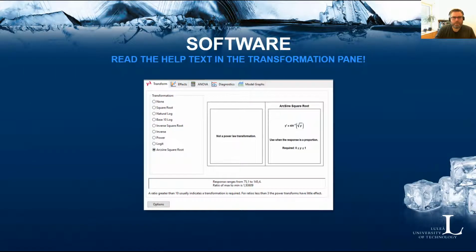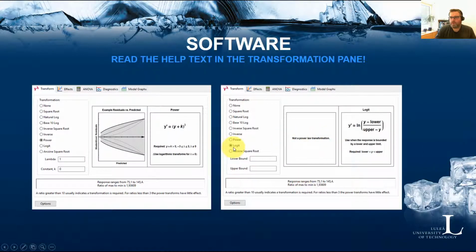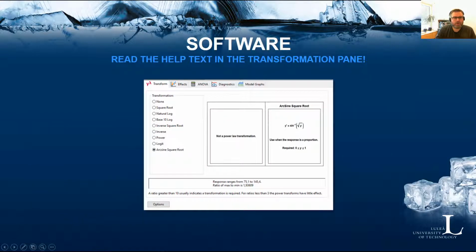You have the Logit, which is useful when the response is bounded by a lower and upper limit. And you also have the arcsine square root, which is often useful when the response is a proportion or a ratio between 0 and 1.